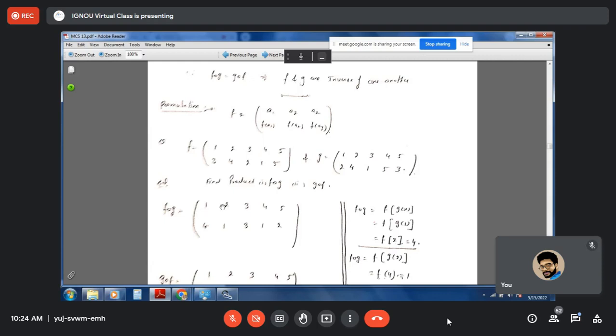The first member is 1. The image of 1 is 2. From G, we enter into F. Here it is 2. What is the image of 2? It is 4. And we write it here, 4.